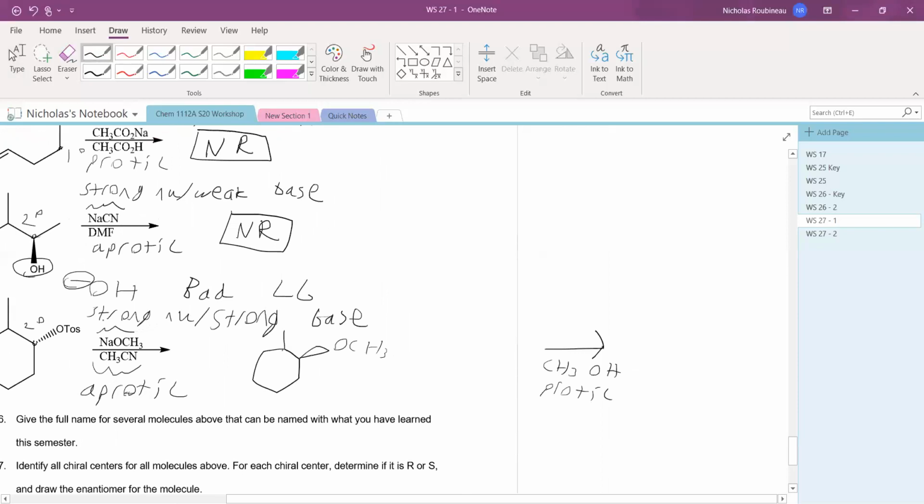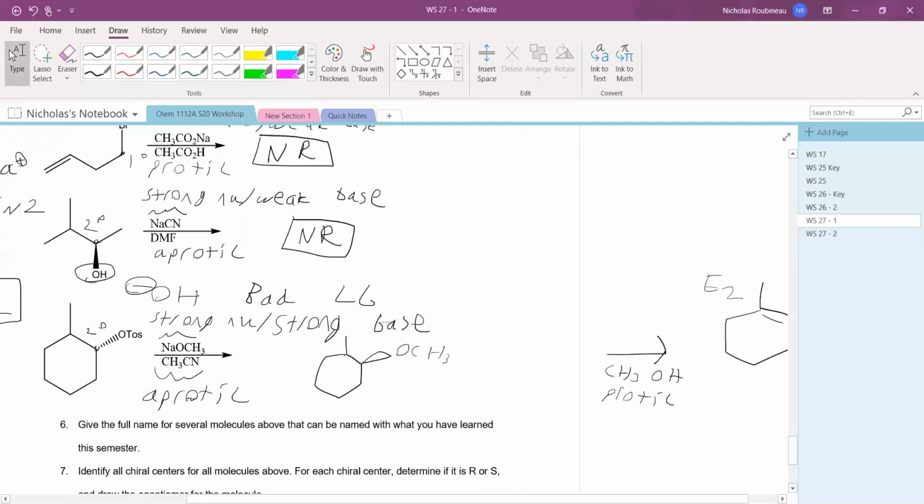When we see that it's a strong nucleophile and a strong base, we're using the solvent as the determining factor. If it's aprotic, it'll be SN2. If it's protic, it'll be E2 because E2 doesn't care. So if that had been the case, then we would have gotten this as our product. This wasn't the question, but I'm pointing it out because it's important. The solvent is the determining factor sometimes.